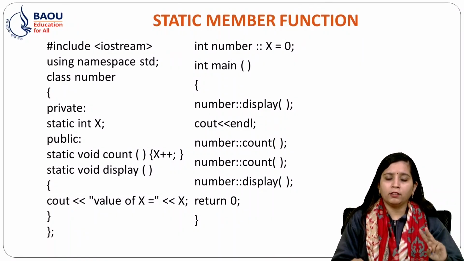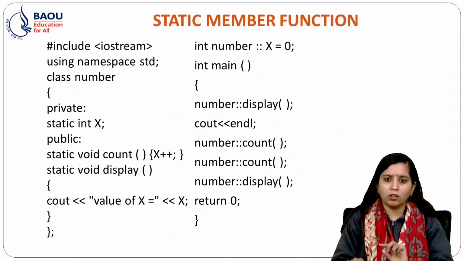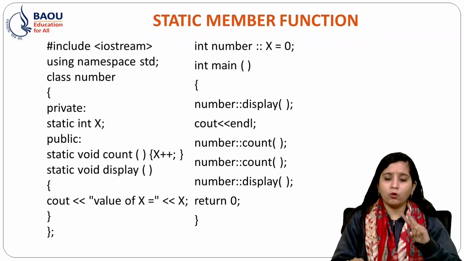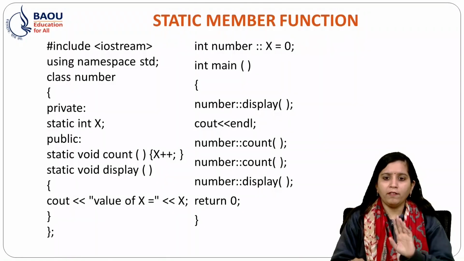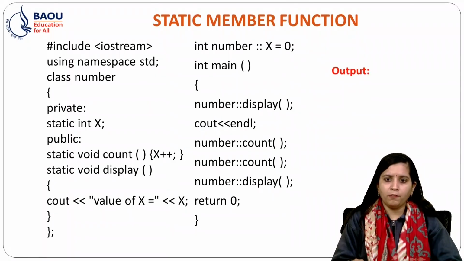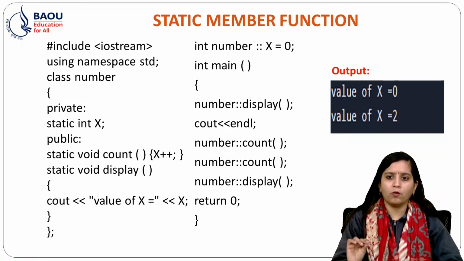Then I have given number scope resolution operator count function, twice. So 2 times my count function has been called, and when I display it, what I will get as my output is first x is equal to 0 and then x is equal to 2.